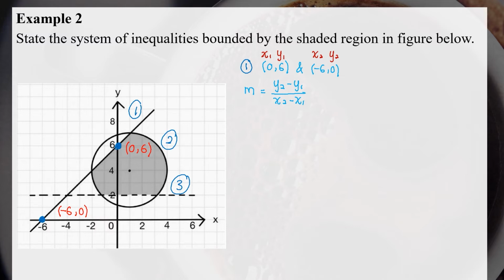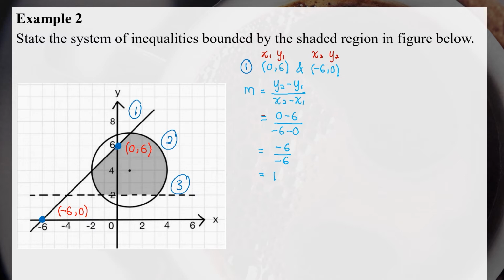So y2 is 0 minus y1 is 6, over x2 is -6 minus x1 is 0. So we have -6 divided by -6, and our gradient m is 1.